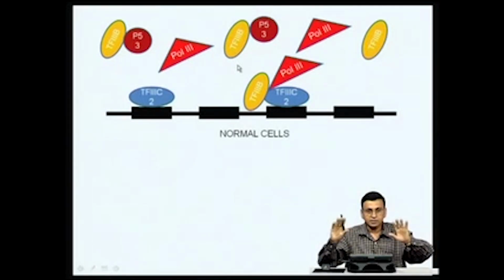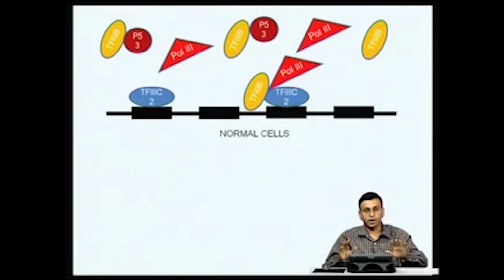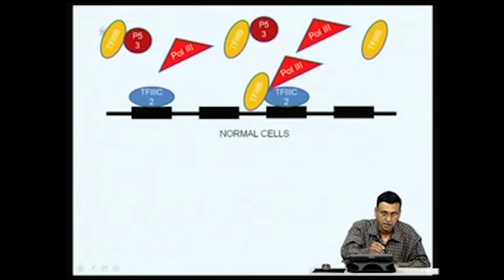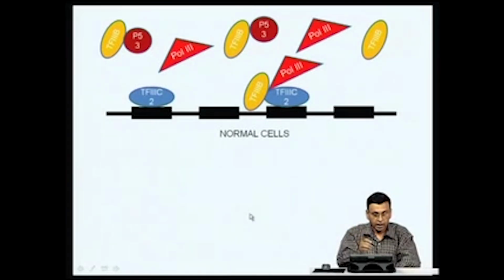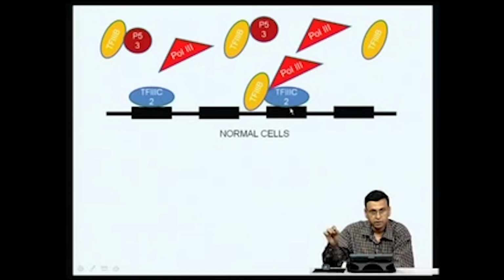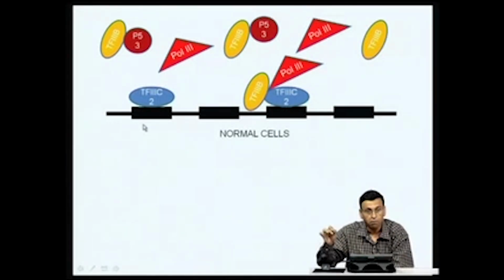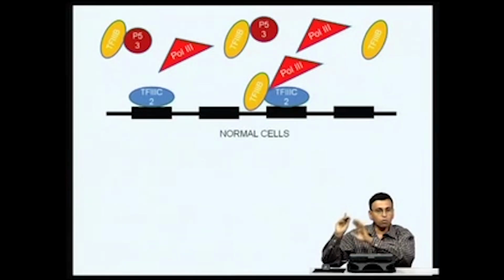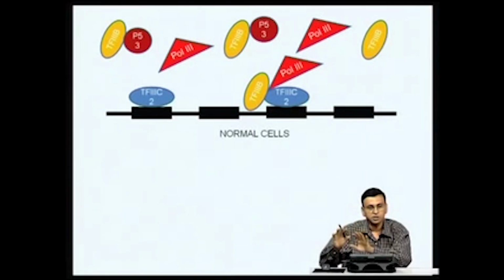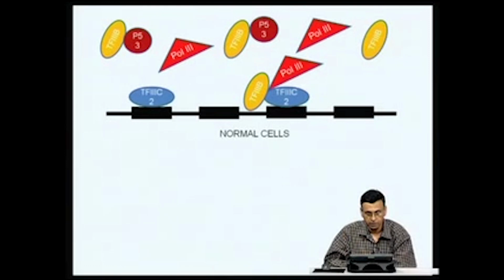So, in normal cells tRNA synthesis is regulated because TF3B molecules interact with P53, and as a result TF3B is not available for the formation of the pre-initiation complex, and TF3C transcription itself is rather regulated, and therefore TF3C is also not present in very high amounts, and therefore you only get a few molecules of transfer RNA made, just sufficient for normal protein synthesis to take place.